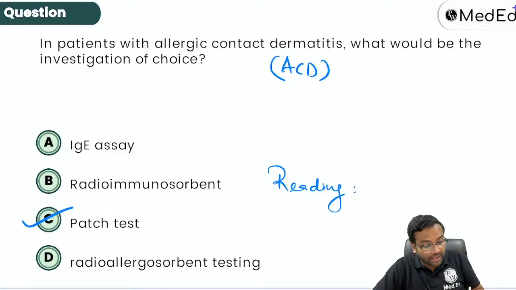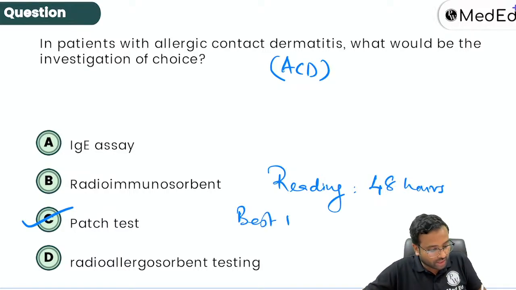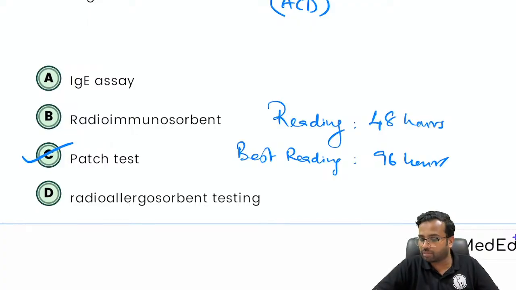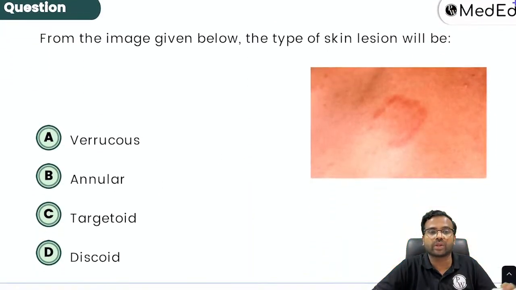Excellent. The reading is usually taken after 48 hours. And Sai Shri, Sindhu, all of you are saying that the best reading is taken after 96 hours. Mishra, Arpit, Tejesh, all of you, very good. So the best reading can be taken after 96 hours, which means with maximum delay. Excellent.